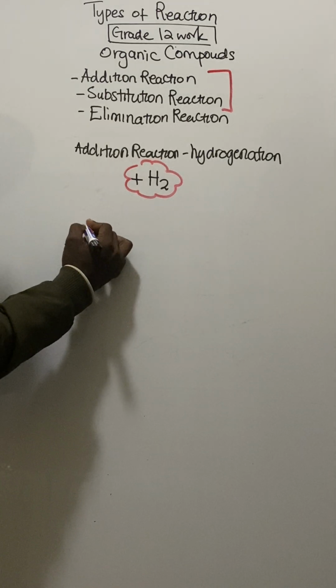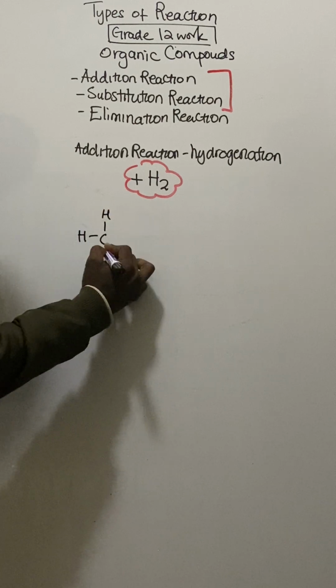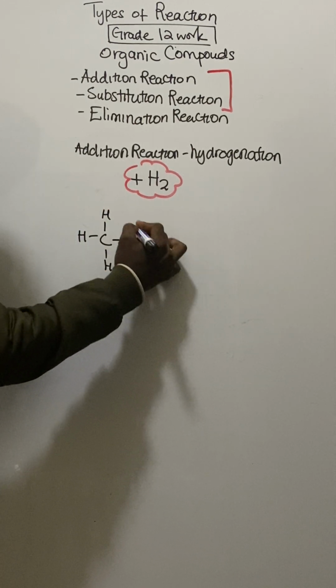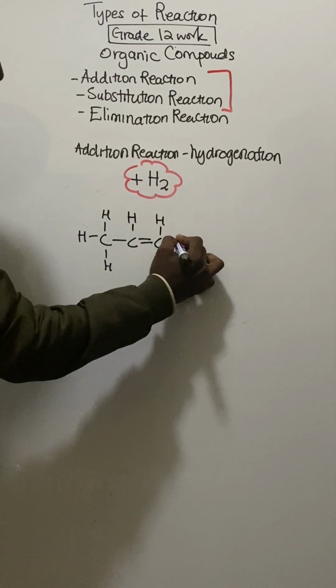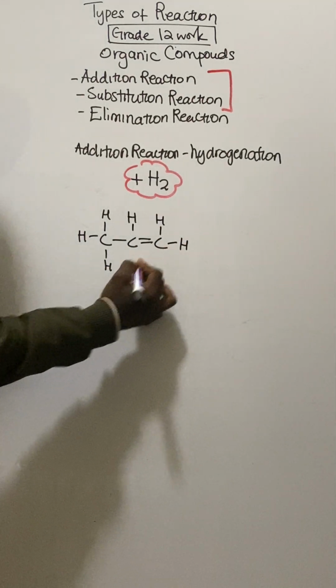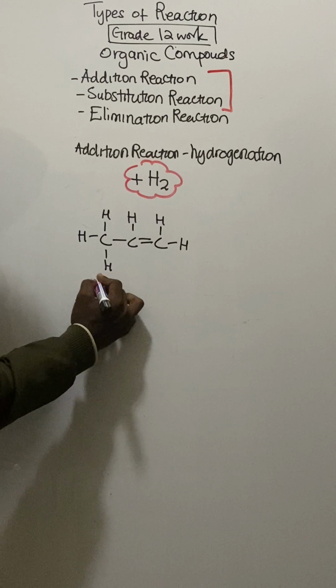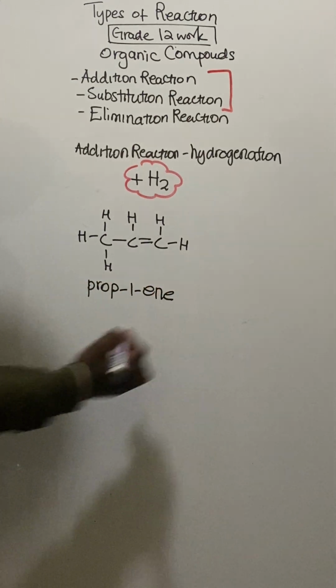I'm going to have this compound. So this is the compound I have. What is the name of this compound? The name of this compound is prop-1-ene.